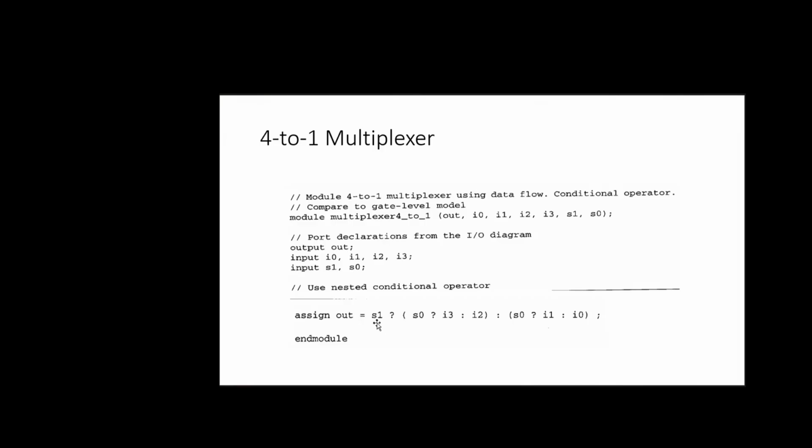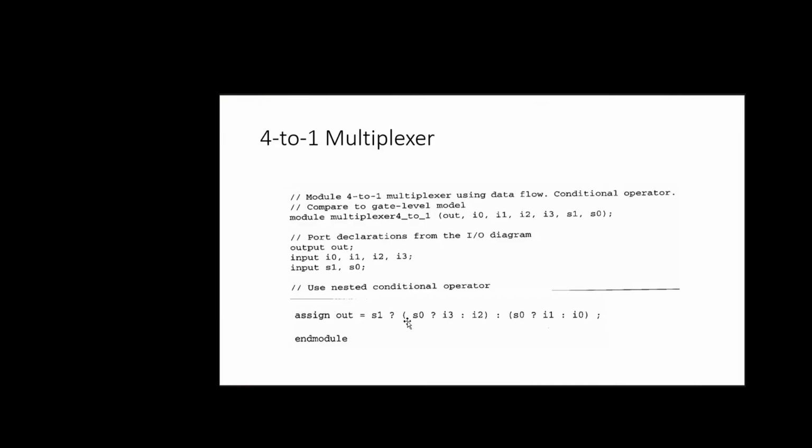Again, when S1 is 0, this condition is not true. If S1 is 0, then whatever is after the colon will be assigned, so that statement will be executed. When S1 equals 1 and S0 equals 1, then I3 will be assigned to out.